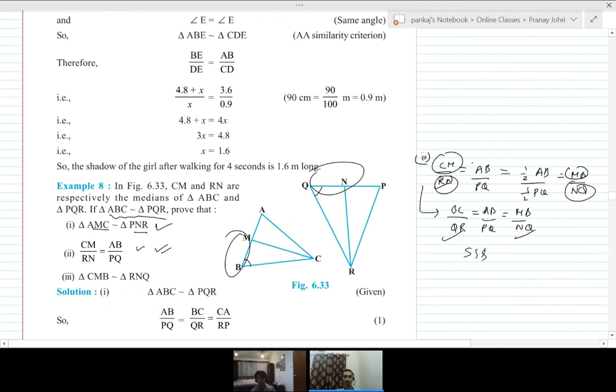Okay, I'm wrong here. We can use only SSS, because we don't know about these two angles. It is not necessary that it bifurcates into two equal angles. That's what a median does, it's not mandatory. So it's using only SSS. Fine.